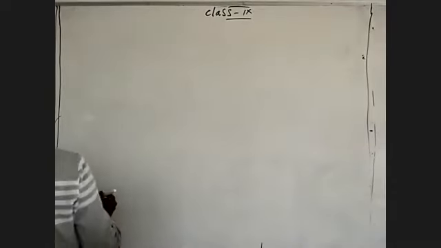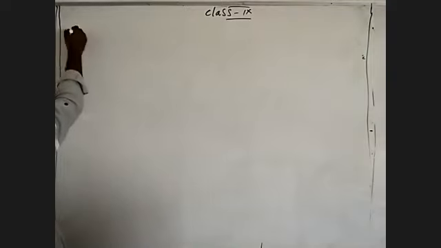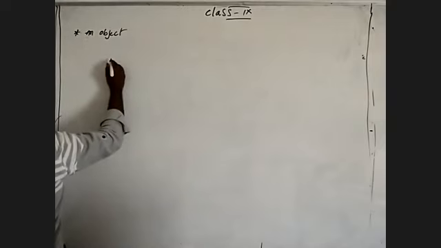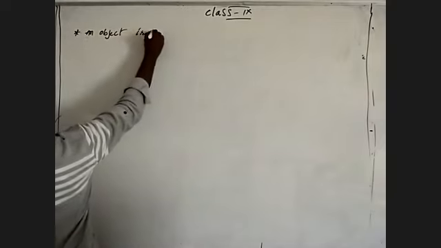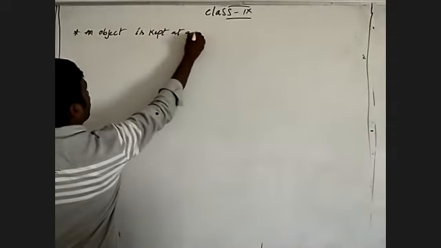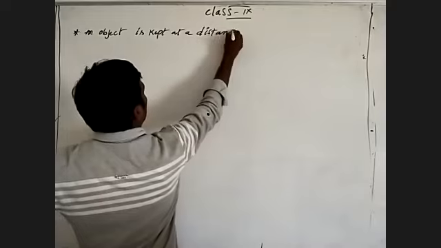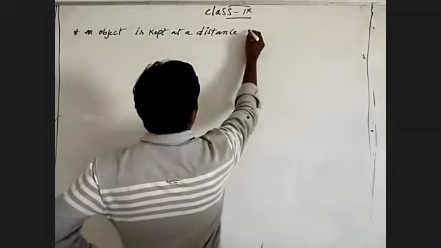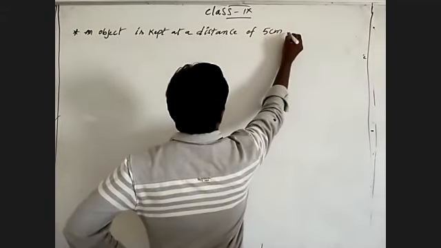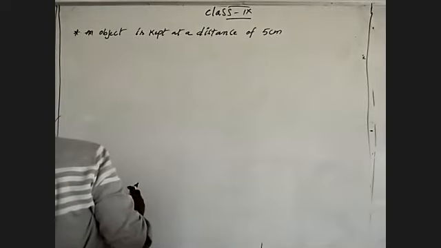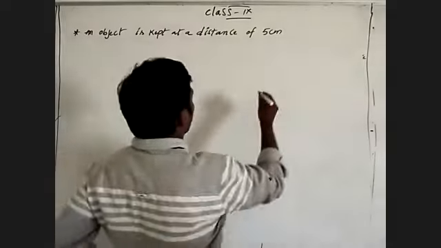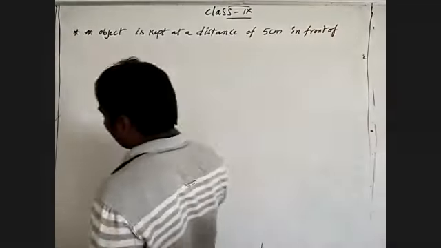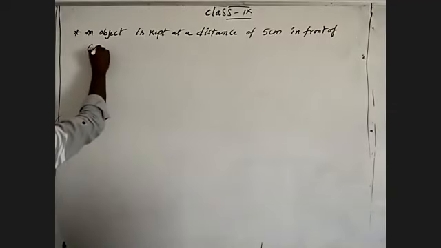See, one more problem we'll discuss. An object is kept at a distance of 5 centimeter in front of a convex mirror.